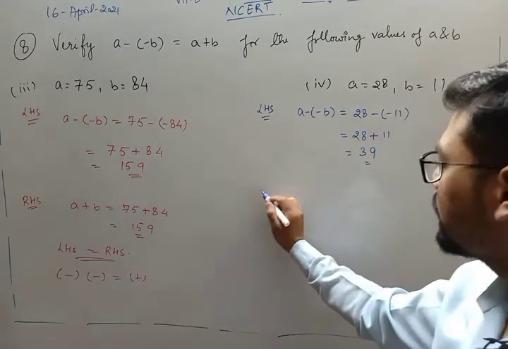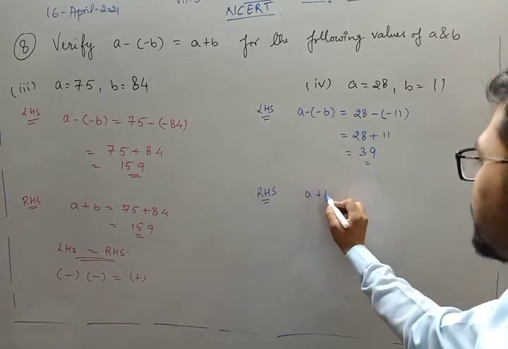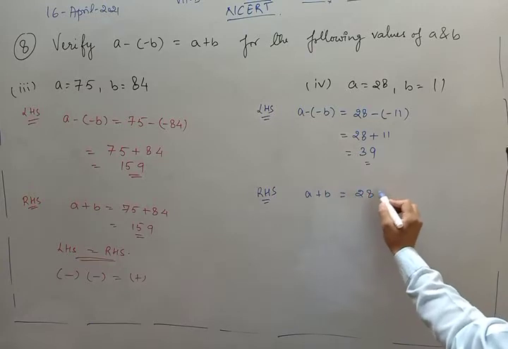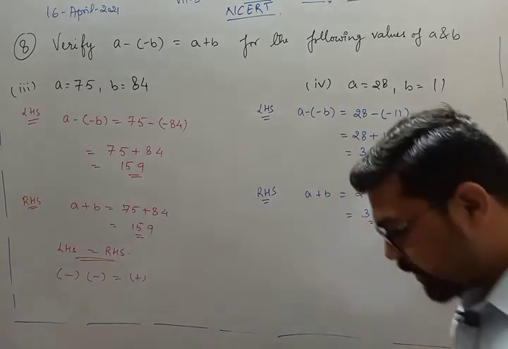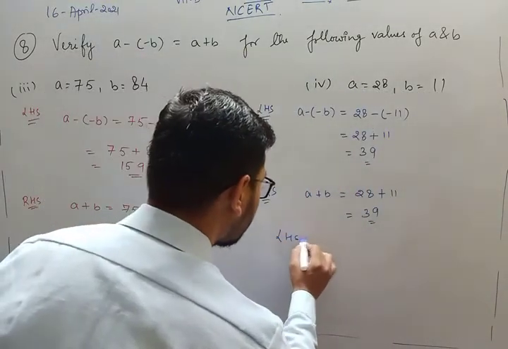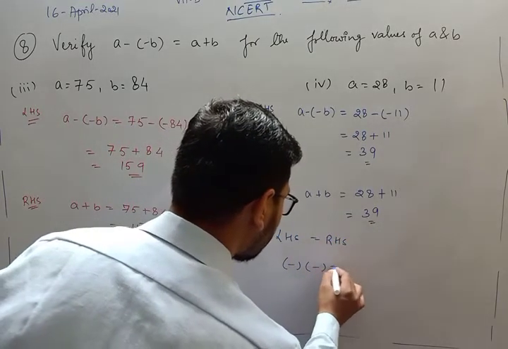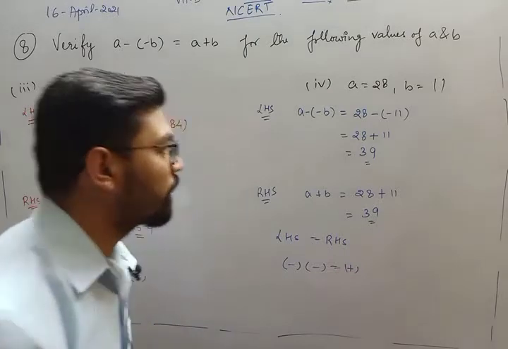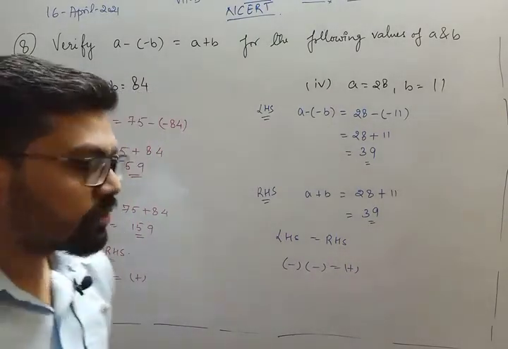Similarly, you can check for RHS. a plus b is equal to 28 plus 11, which is equal to 39. Again, LHS equals RHS, right? Again, LHS is equal to RHS, and the reason behind it is minus minus is equal to plus. I think this is clear to you all. If yes, please note it down fast.